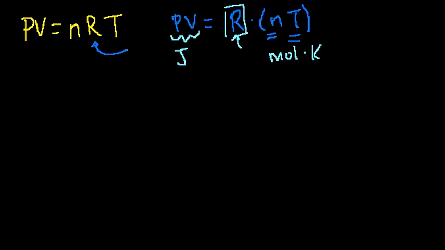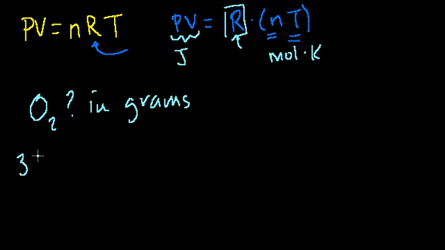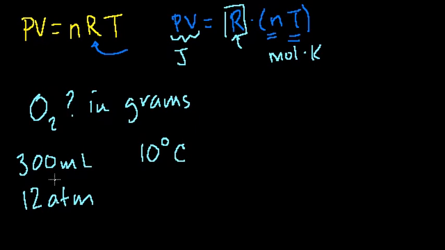So let's say we want to know how many grams of oxygen, so we want to know grams of O2. How many grams of O2 are in a 300 milliliter container that has a pressure of 12 atmospheres, and the temperature is 10 degrees Celsius?